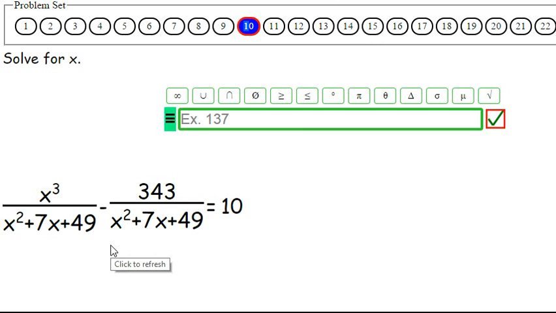I don't know. So we got x cubed over x squared plus 7x plus 49, and that's minus 343 over x squared plus 7x plus 49, that's equal to 10. All right. Well, good news is we got a common denominator, thank goodness. I think this problem could be a whole lot worse.